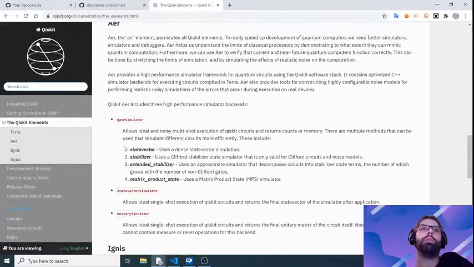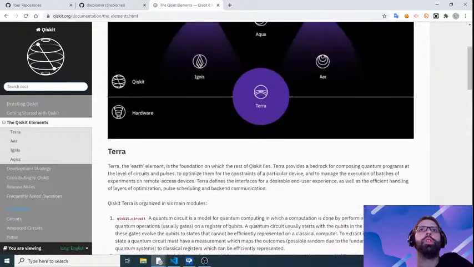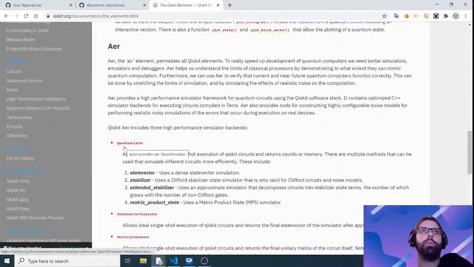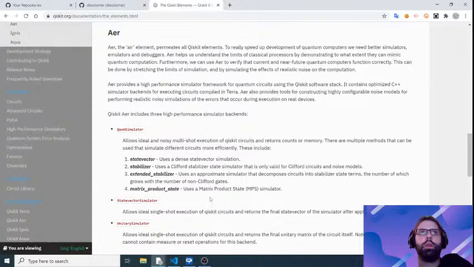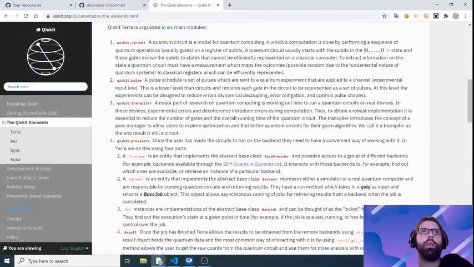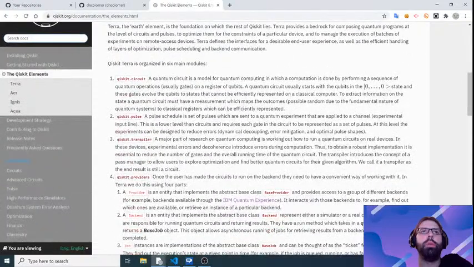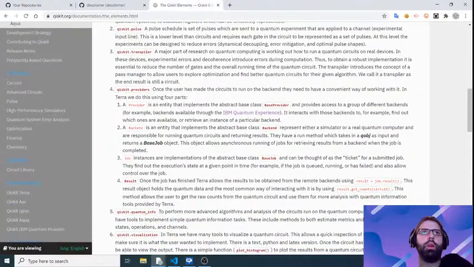I'm thinking about doing something new and fresh for me, which is the simulator stuff. I want to maybe take a look at what those are, because I'm not so much interested in the Terra part, but maybe we could take a look at the whole providers and backend stuff as well.